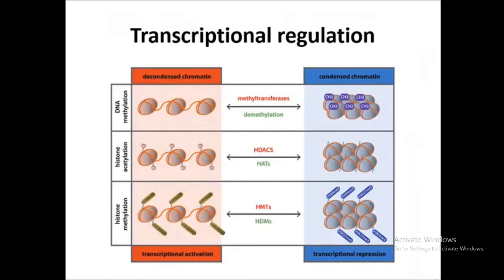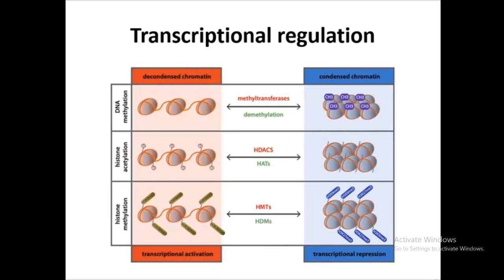Another form of regulation of gene expression can be the structure of the chromatin or the histone. As I said, if DNA is methylated, it will condense the chromatin and cause transcriptional repression.